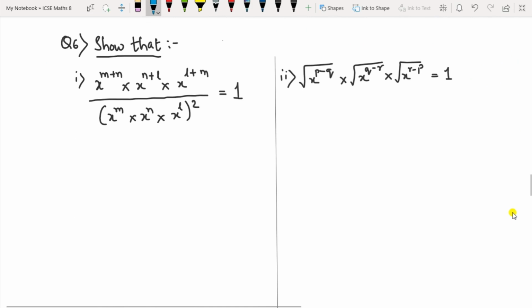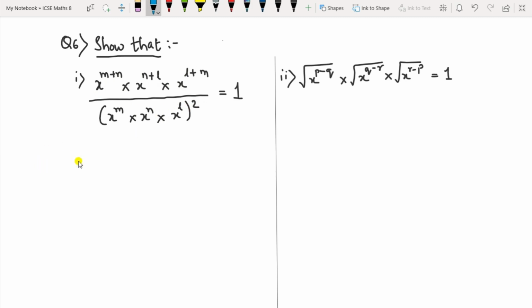Now question 6 is about showing that this whole expression, if you solve, you get the answer as 1. Now you can see it is all multiplication. So add all these powers because the base of each of the terms is the same. If the base is the same and there is multiplication, you have to add the power. And here 2 is given outside the bracket, so multiply 2 with each of the terms inside the bracket.